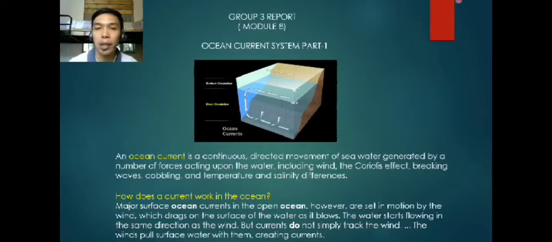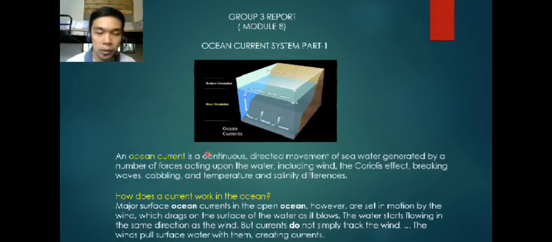So, ano nga ba itong tinatawag natin na ocean current? Ocean current is a continuous directed movement of seawater generated by a number of forces acting upon the water, including wind, the Coriolis effect, breaking waves, coupling, and temperature and salinity differences.